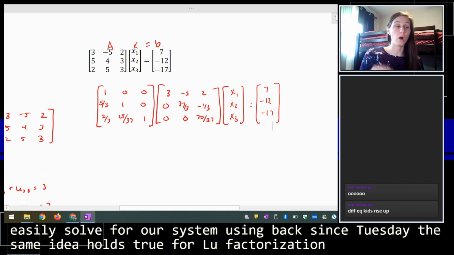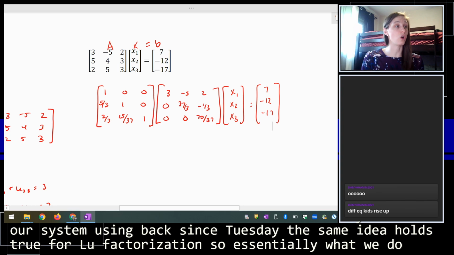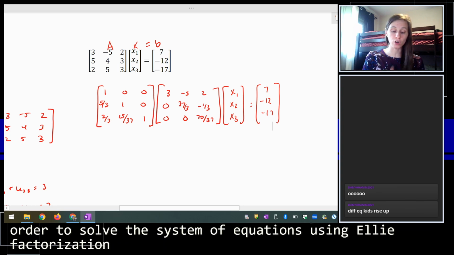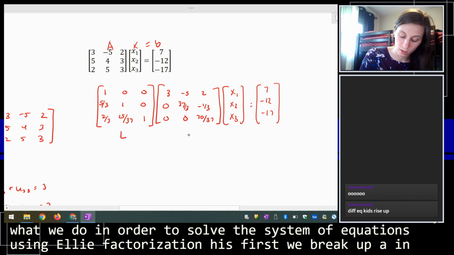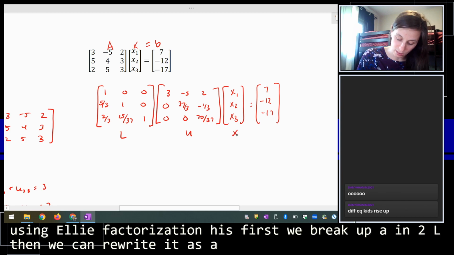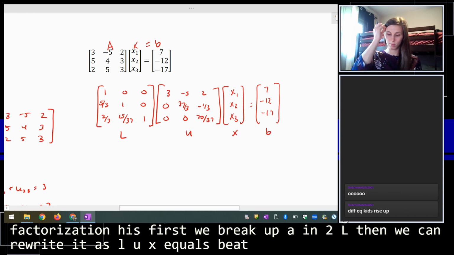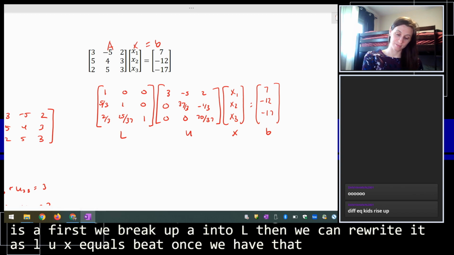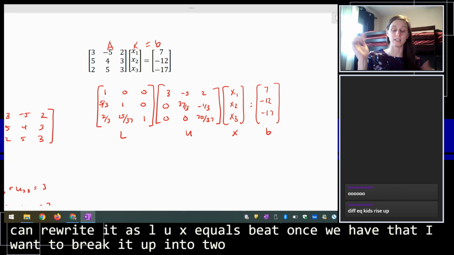So essentially, what we do in order to solve this system of equations using LU factorization is first we break up A into LU. Then we can rewrite it as LUX equals B. Once we have that, I'm going to break it up into two different systems.